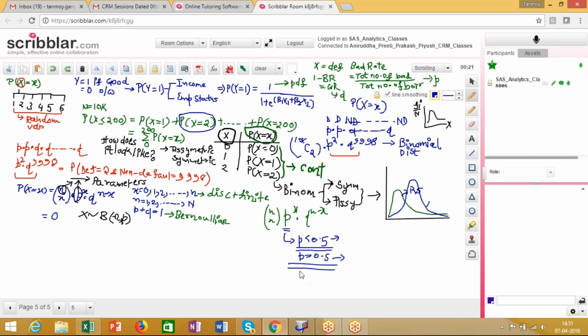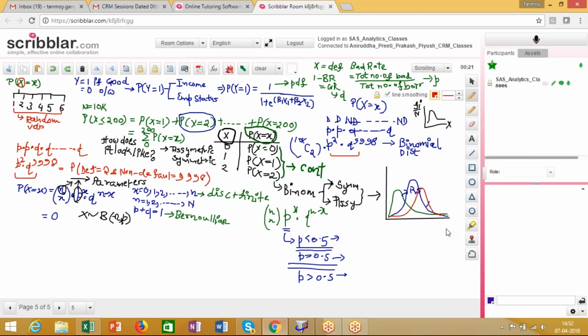Similarly, if p is greater than 0.5, that is, the chance of success is greater than 50%, then there is a huge probability of success. In that case, the chances of getting a high number of successes are very high, and the chances of getting a low number of successes are very low, and you will have a left skewed distribution.